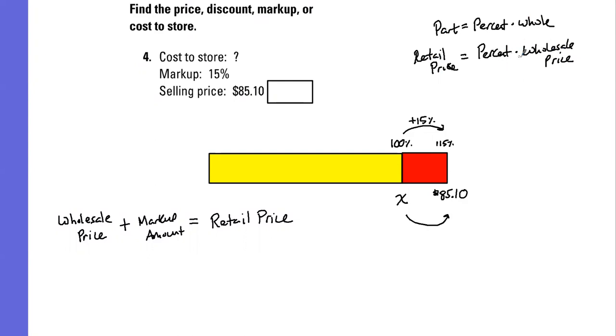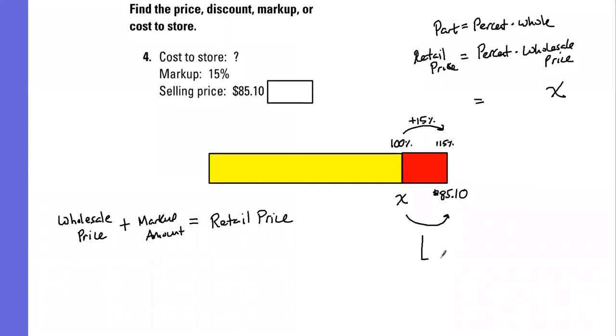All right, so let's work this out. I don't know what my wholesale price is, so let's plug in X. Now with my percent, I have two options I can use, and one option would be this 15%. So I could take 15% of the wholesale price, but what that would give me is this value here.